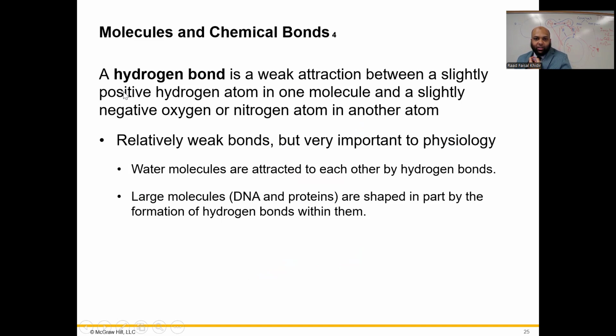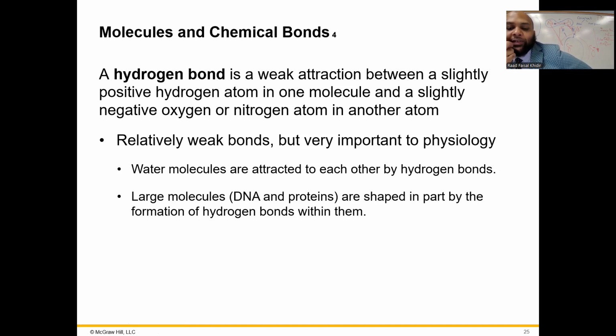Molecules and chemical bonds. A hydrogen bond is a weak attraction between a slightly positive hydrogen atom in one molecule and a slightly negative oxygen or nitrogen atom in another molecule.